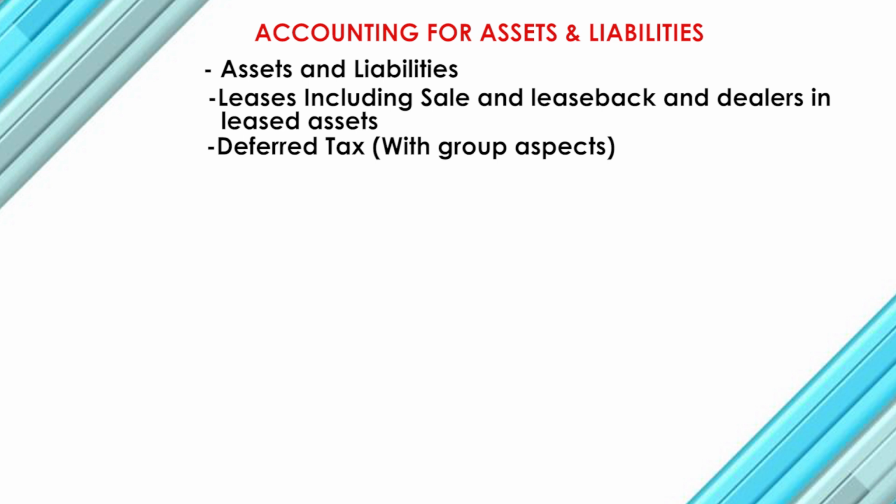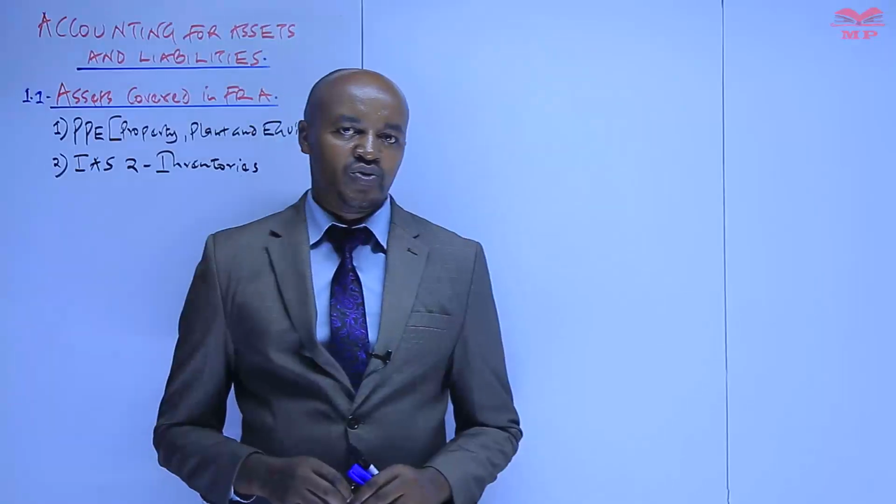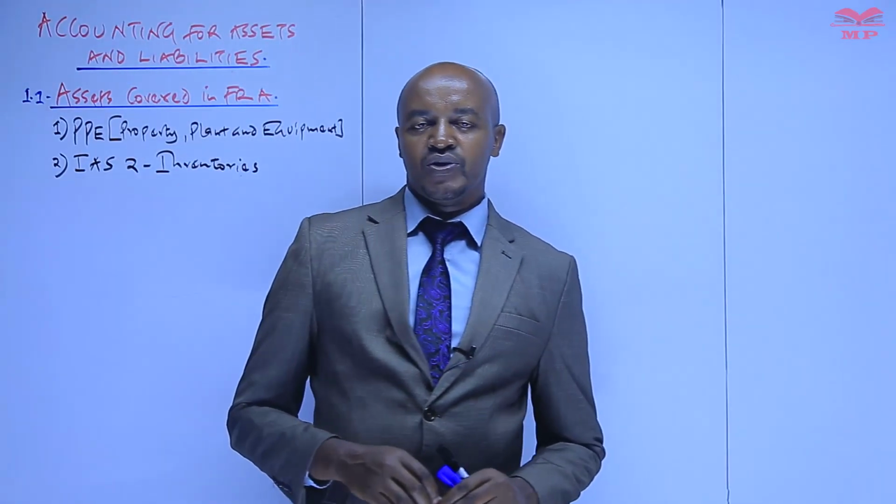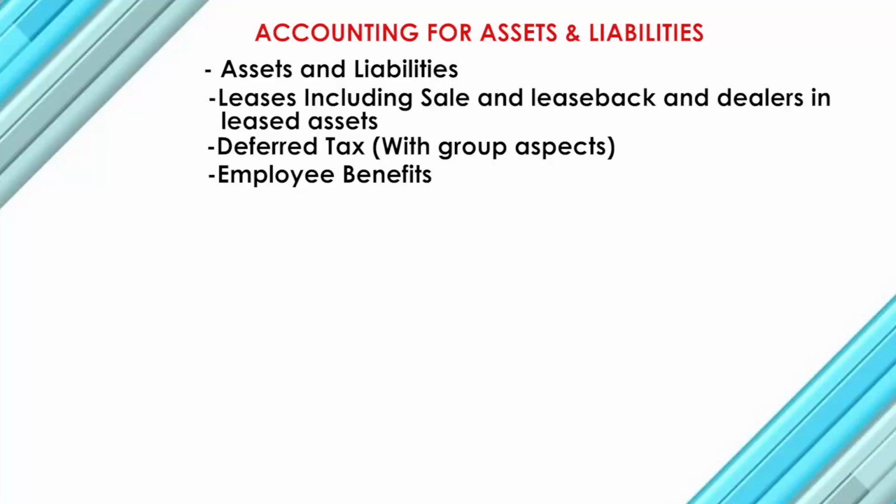In subtopic number 4, we're going to look at employee benefits, the various types of employee benefits, and also the accounting for post-employment benefits in accordance with the revised International Accounting Standard number 19.